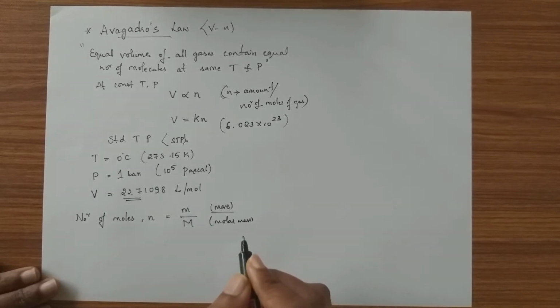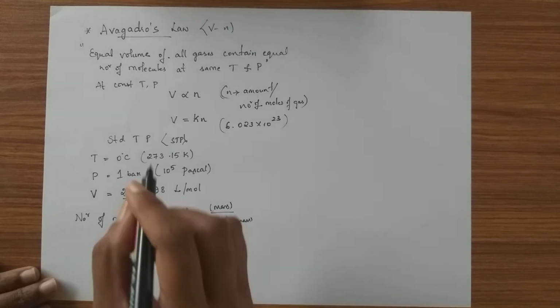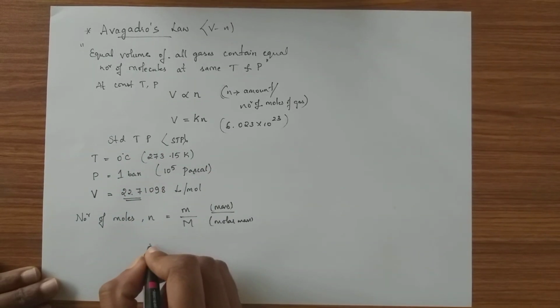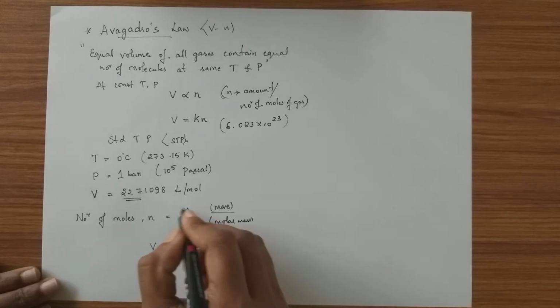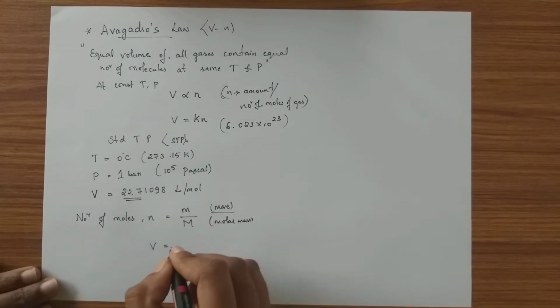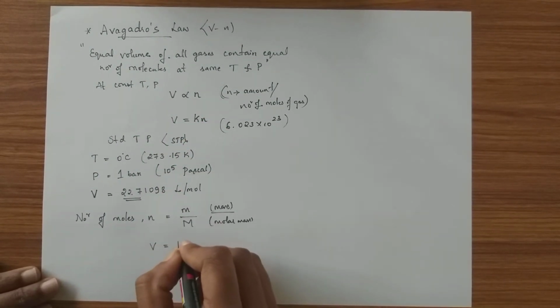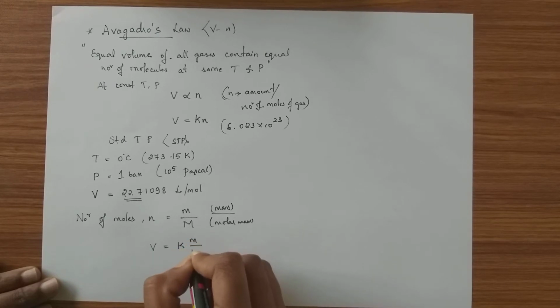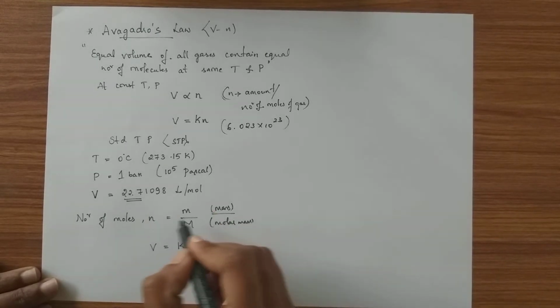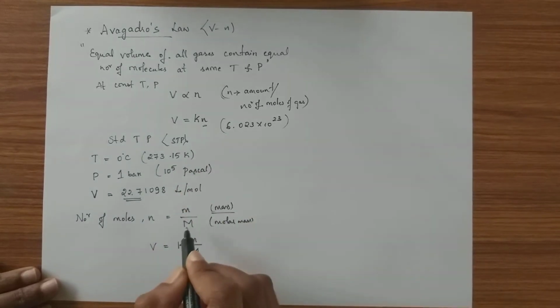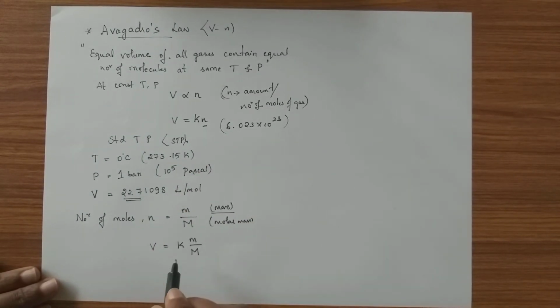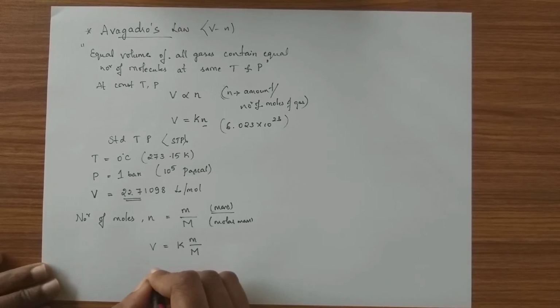So you substitute this value in place of n, so V equals K into m by M. Just in place of n we substitute this value. V equals K into m divided by M.